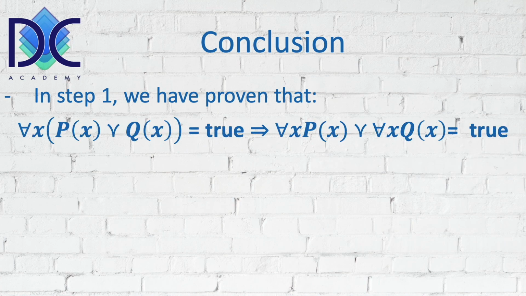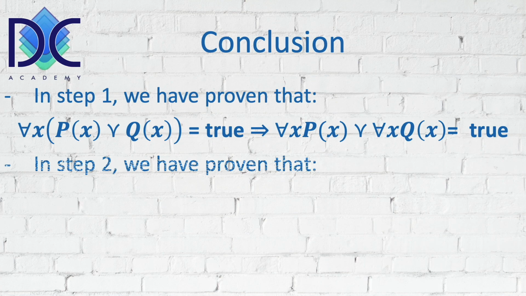So for example, in step 1, we have proven that when the first expression, for all x, p(x) or q(x), is true, the other expression, for all x, p(x) or for all x, q(x), is also true.